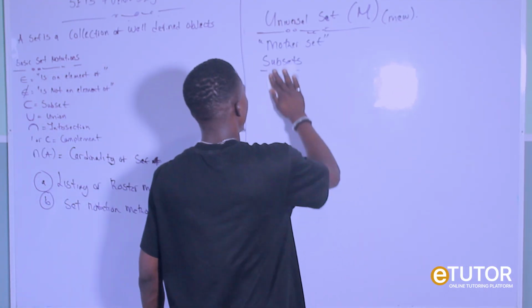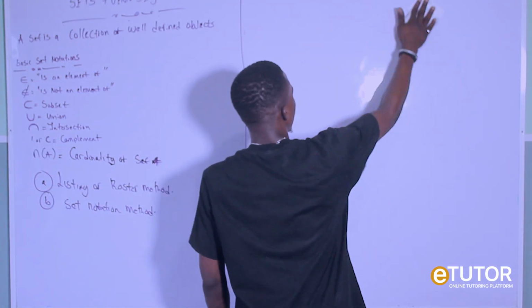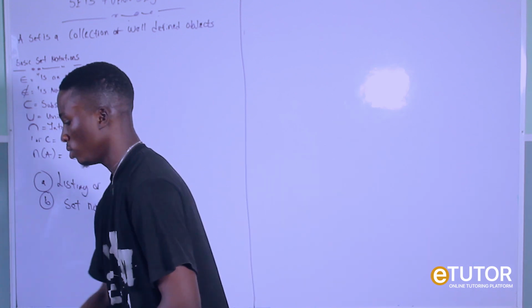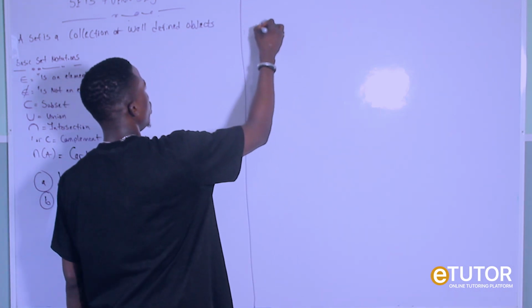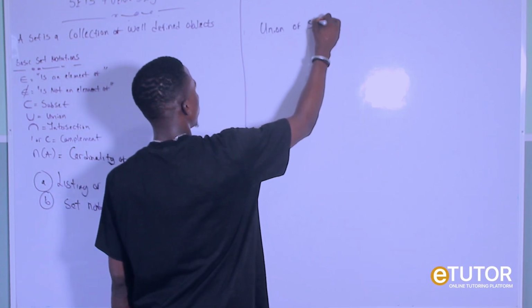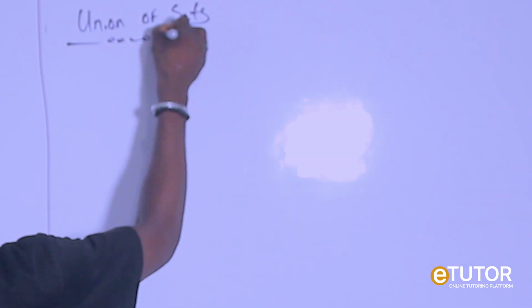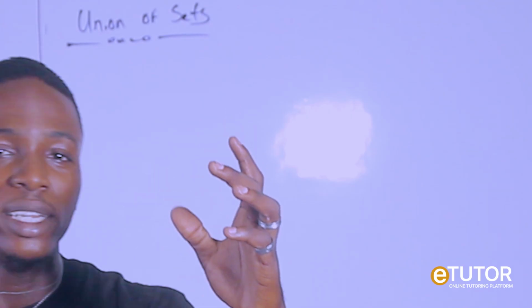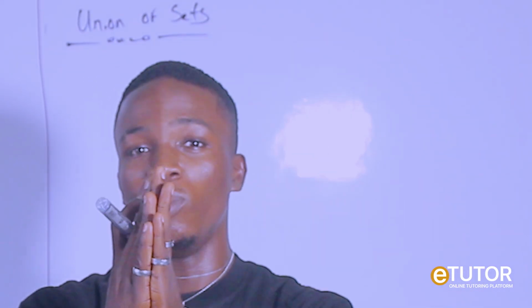We also have union of sets. The normal definition for union in layman terms is, union is when you combine two or more things together to form one thing.